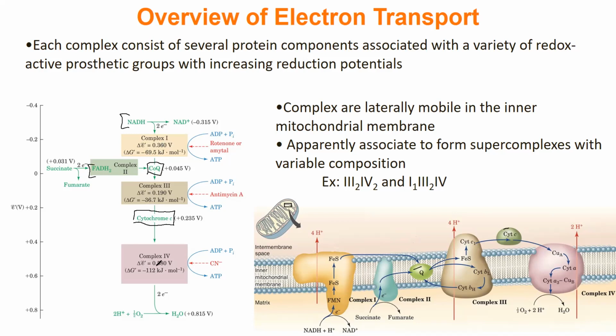Until finally you get to complex 4, which we use to create ATP. Complexes 1 and 3 are pumping the hydrogens out into our intermembrane space. And then ATP synthase is actually down here. ATP synthase is what allows it to come back in.